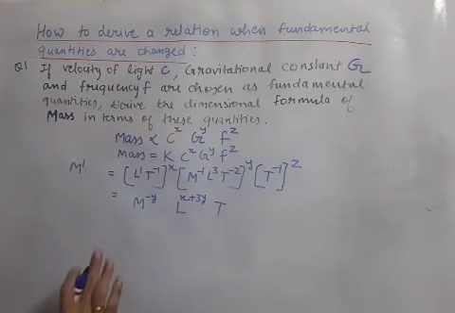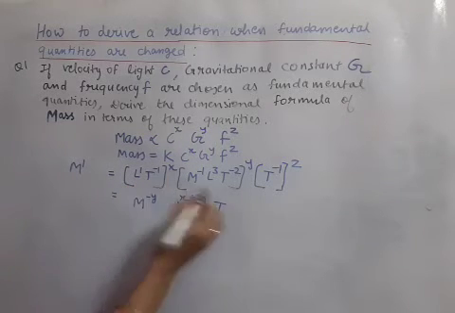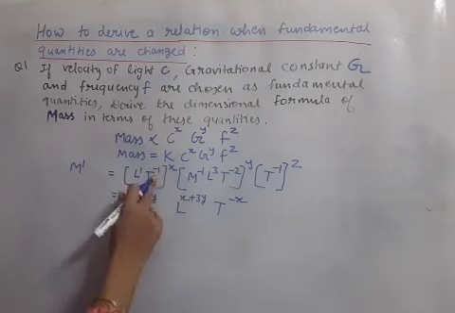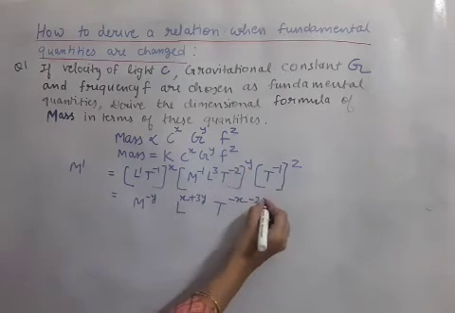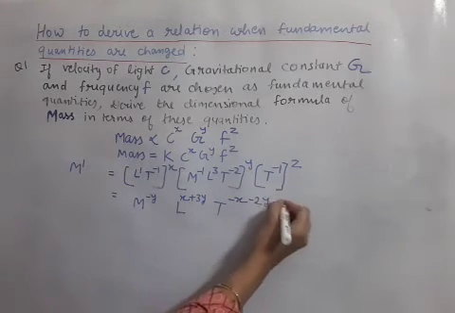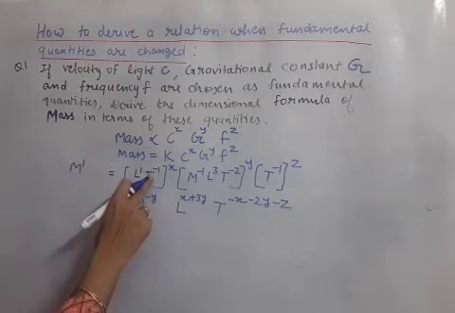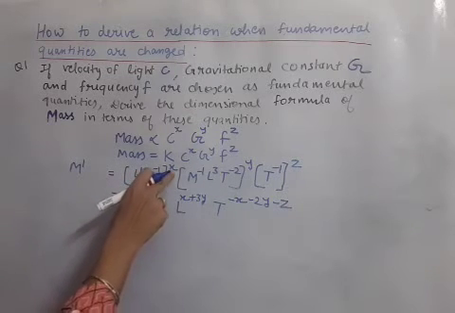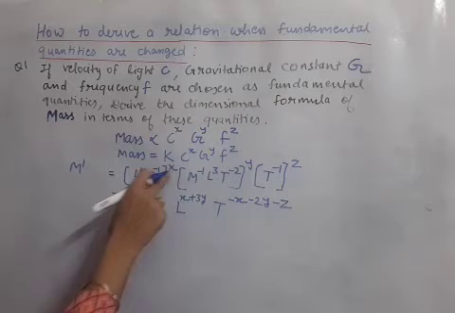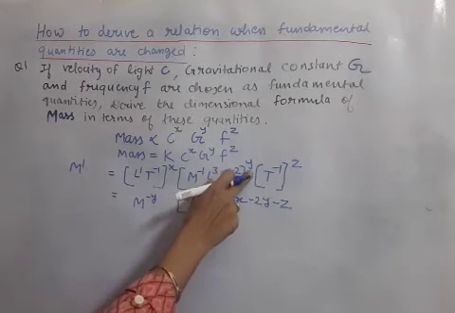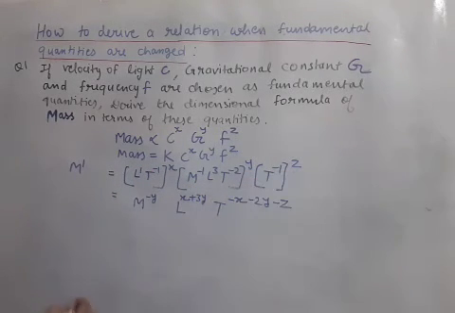Then T: from here minus x, from here minus 2y and from here minus z. What I have done is multiplied the powers. T power minus 1 into x, so T power minus x. From here minus 2y and from here minus z.